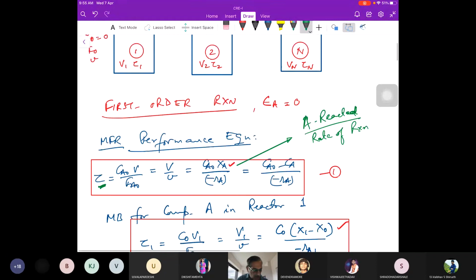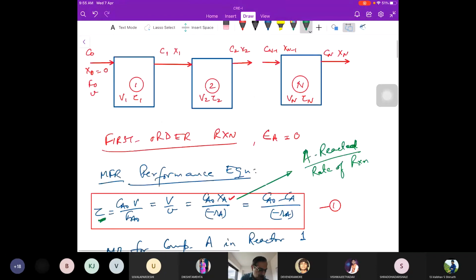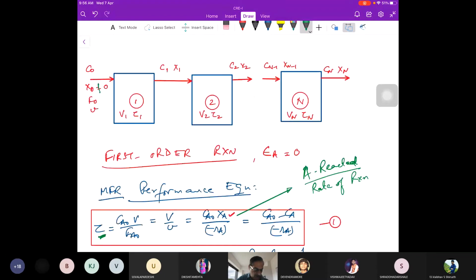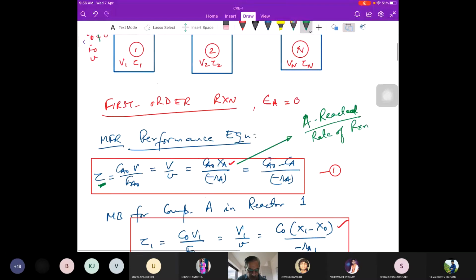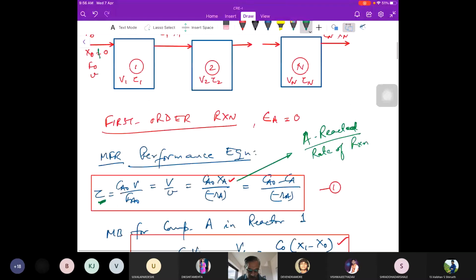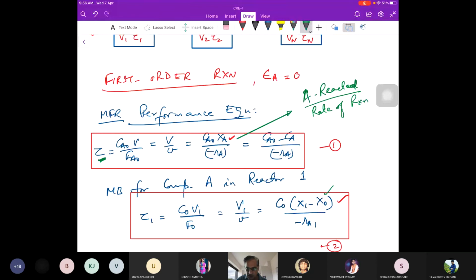But suppose instead X naught is not equal to 0, then you have to account for that, right? How much conversion had already happened initially and how much happened afterwards in the reactor. Because in this reactor the conversion is X1 minus X0, the net conversion. When X0 equal to 0, it becomes C0 X1, which is like this one.